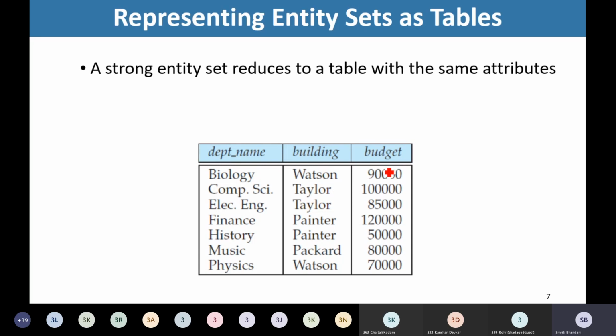So in my table now, these 3 attributes are 3 columns, right? So every strong entity set gets reduced to a table with the same attributes, those we have in that entity set. So whatever are the attributes in my entity set, those attributes become now the columns of my table in my relational model. Okay? This is our department table associated with the strong entity set department.